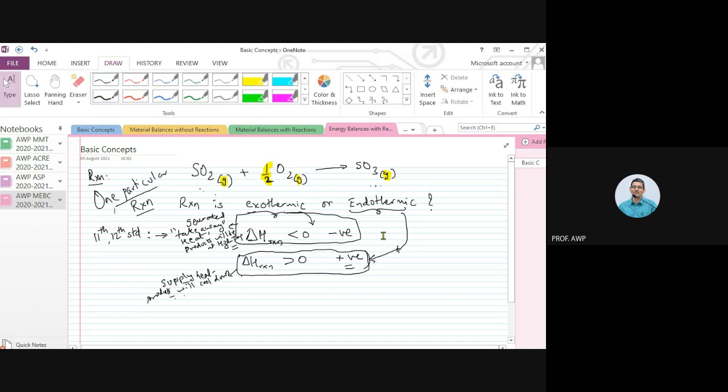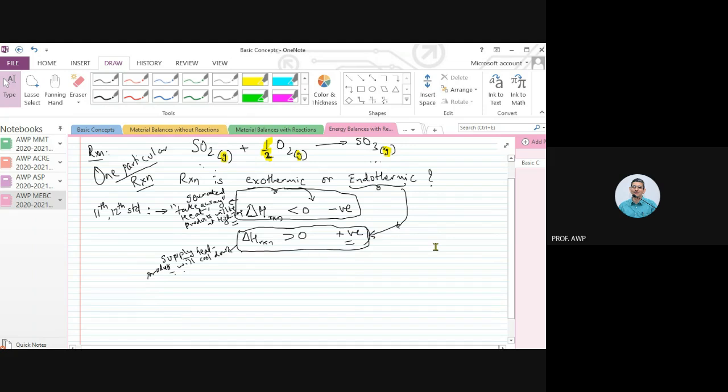Is that okay, Arya? Okay. Only 3-4 people are listening. Arya is listening, Rishikesh is listening, Hardik is listening, Praveen is listening, Mayur is listening partly. Nobody else is listening.